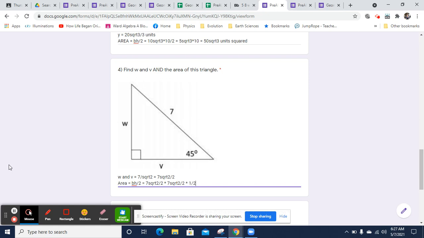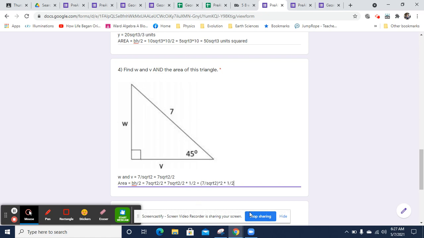Now, this one, you might have found it more useful to use this version first. In fact, I'm going to do that instead now, because this is kind of an ugly mess. So instead, I'm going to do 7 over square root of 2. And since we're multiplying it times itself, we can just square that. And then we'll multiply that times 1/2.